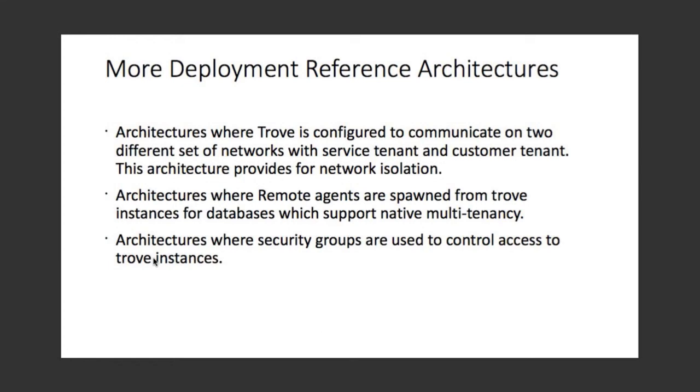And there are a whole bunch of different ways in which you can deploy Trove. I think we're a little bit short on time here, so I'm not going to go into a lot more detail here. The primary thing which is important for you to keep in mind is that the Trove controller, which is on the management network, and the guest instance need to be on the same management network so the guest agent can communicate with it.